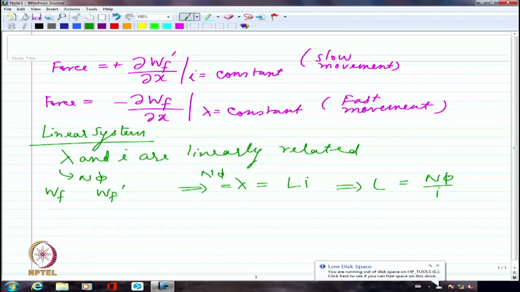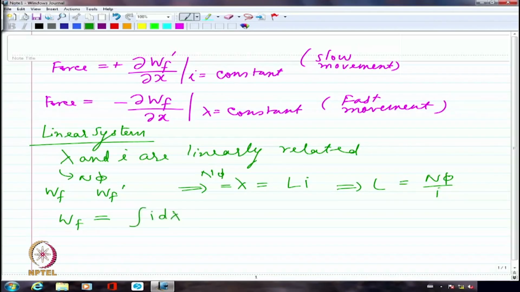So if I am talking about Wf, we said Wf under static condition, when there is no movement, is integral of I d lambda, right? And Wf dash happens to be integral of lambda di. So if I write I d lambda, I can write that as lambda divided by L multiplied by d lambda, because I am writing lambda equal to Li.